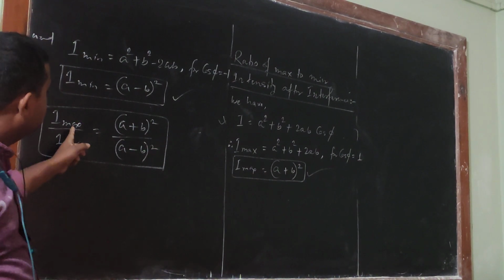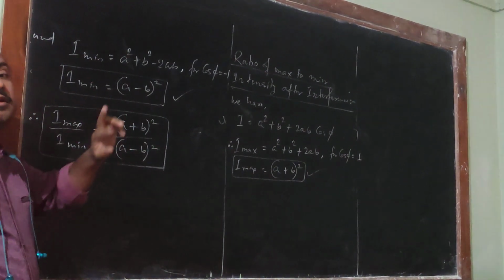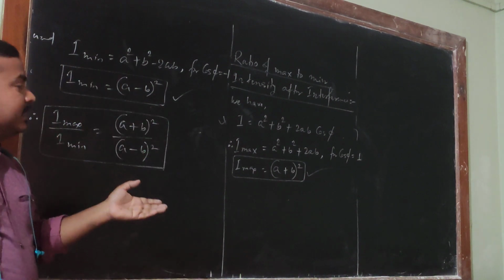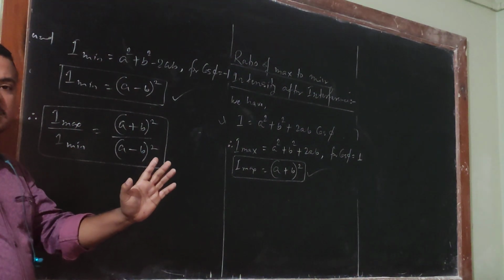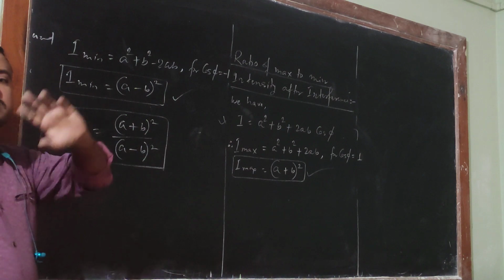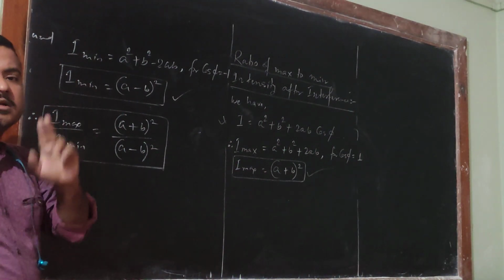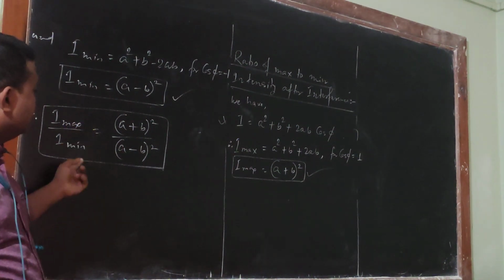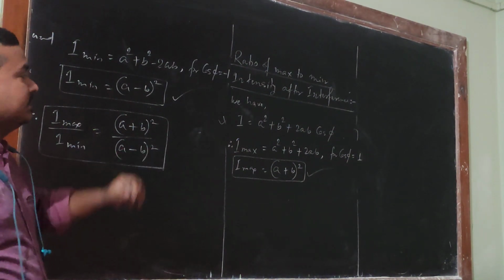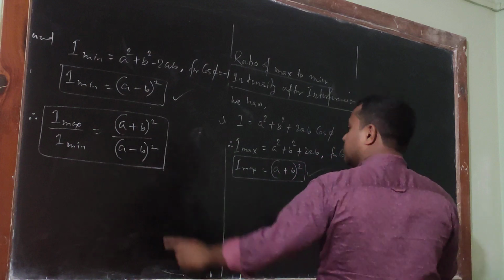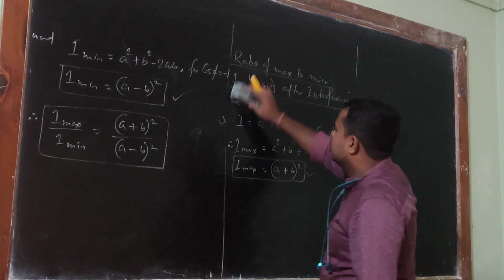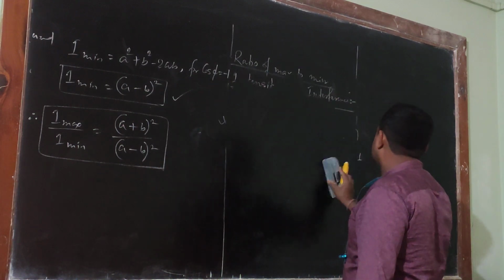So this is the ratio of intensity of light after interference. Because you know, after interference there are some points where the resultant intensity is maximum and some other points where the resultant intensity is minimum, and that is the ratio of maximum to minimum intensity. So this relation is also important. You get questions from here.